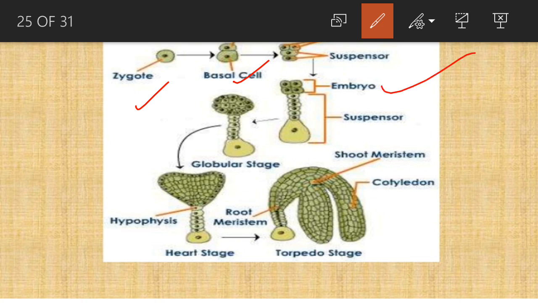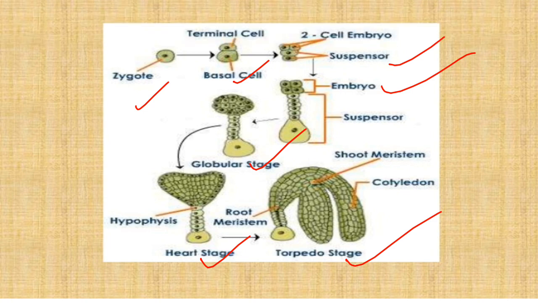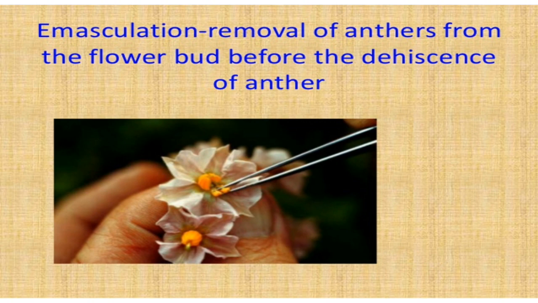The terminal will form the embryo, the basal will form the suspensor, which pushes the embryo into the endosperm for food, for nutrition. Then it becomes globular shaped, then heart shaped, then torpedo shaped, and this completes the development of the embryo.